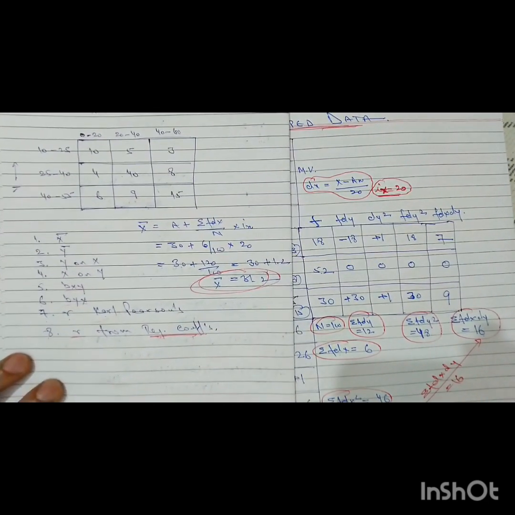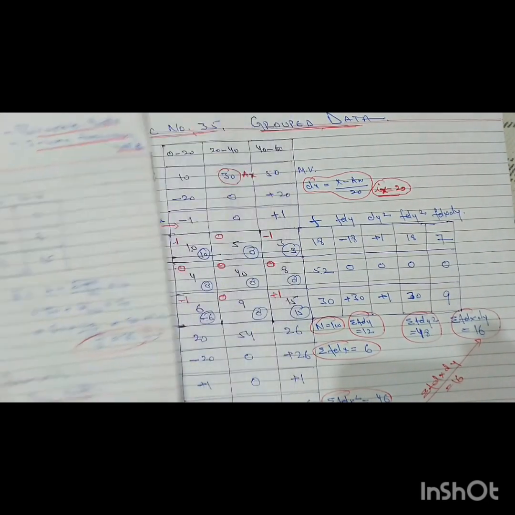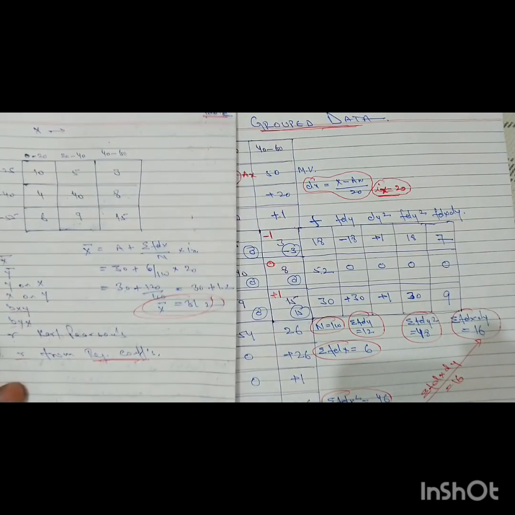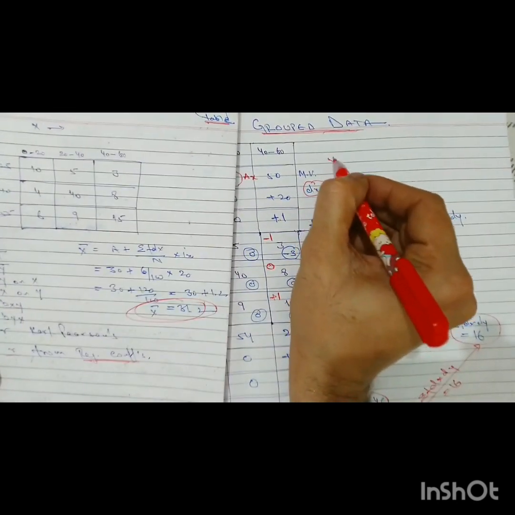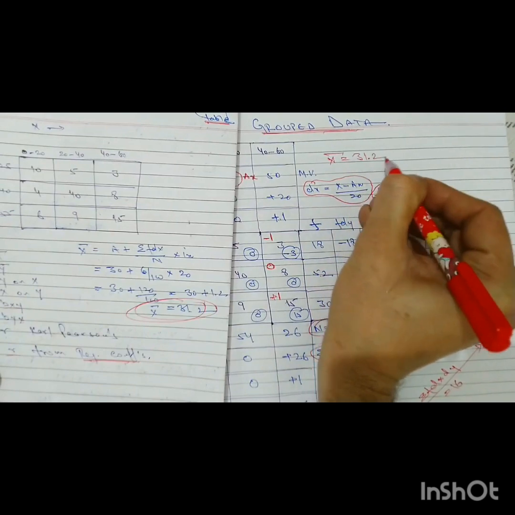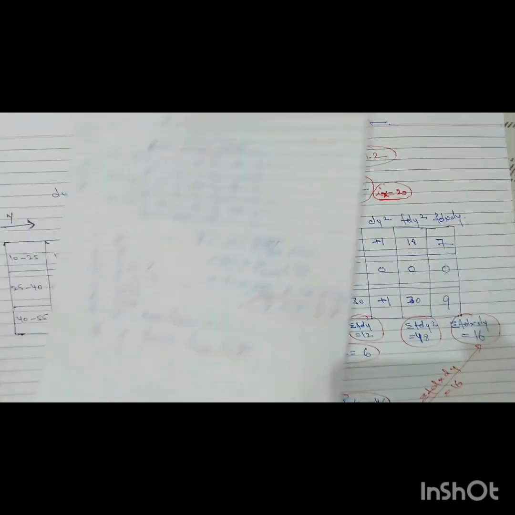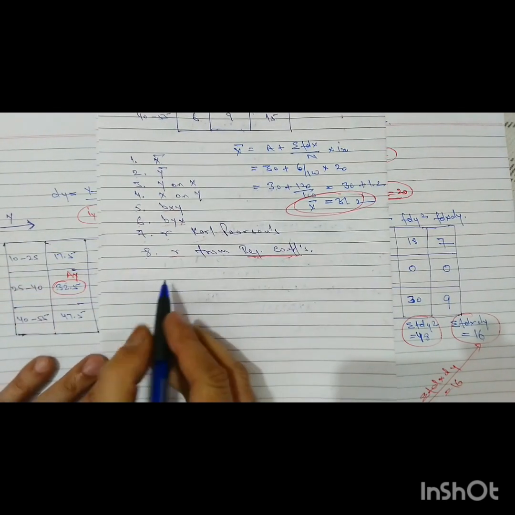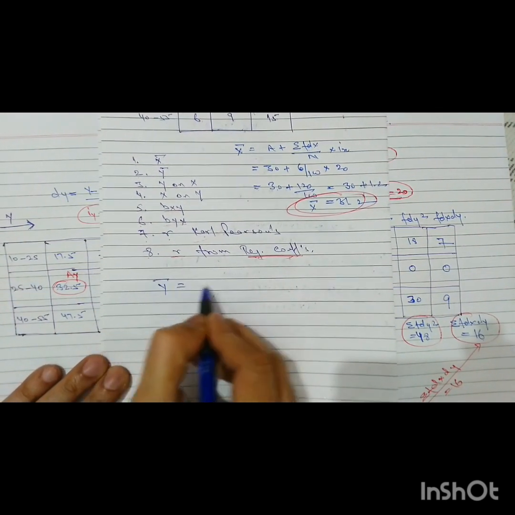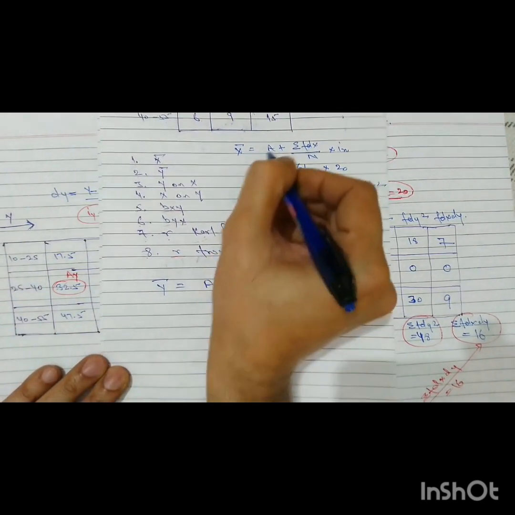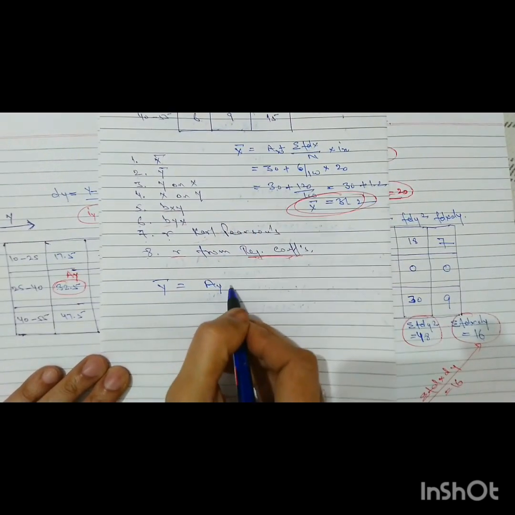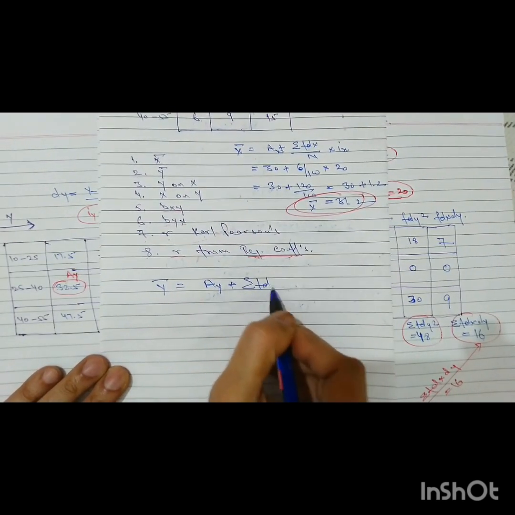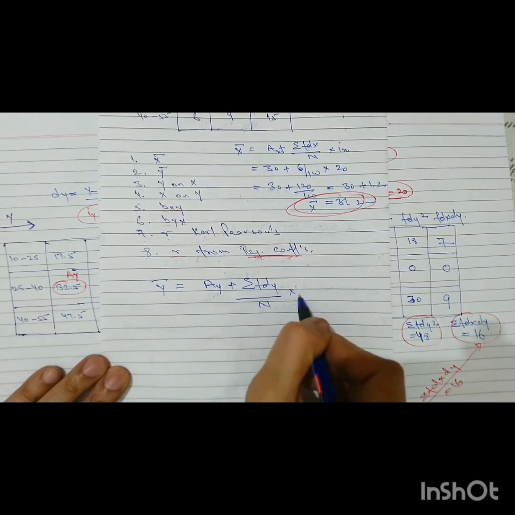Mean of x is 31.2. Then mean of y. The formula for mean of y is ay plus summation f dy over n into iy.